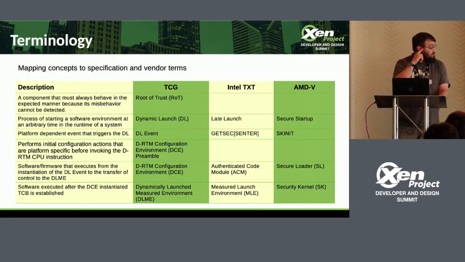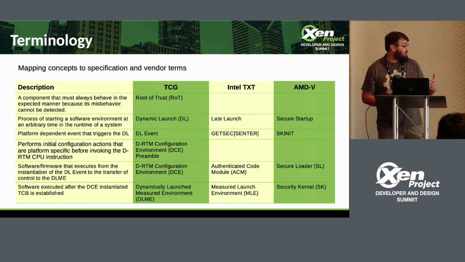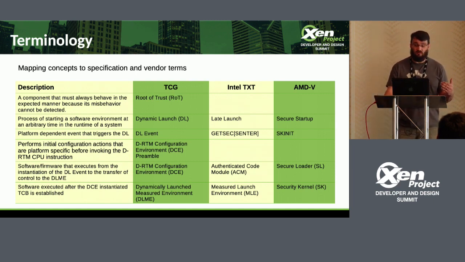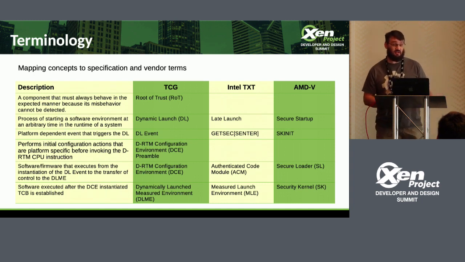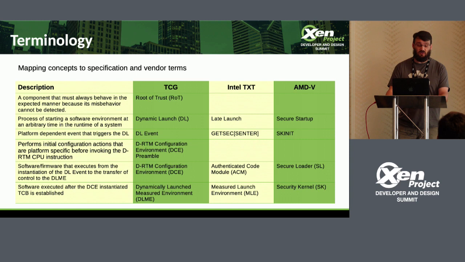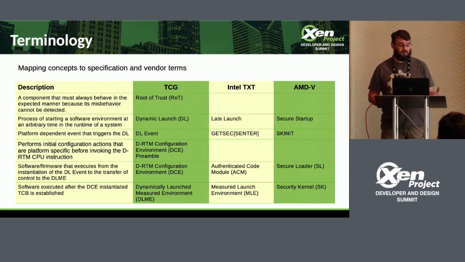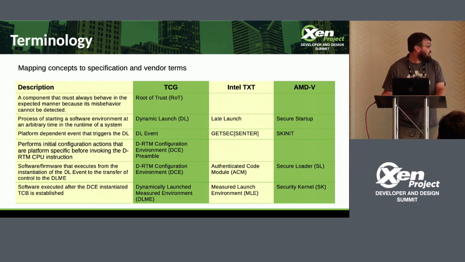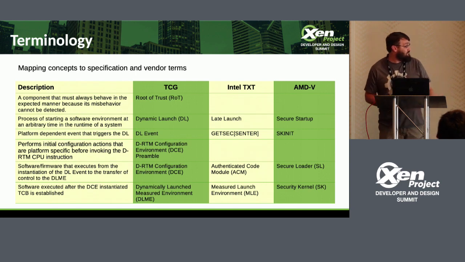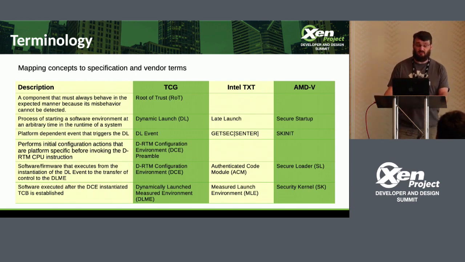So, to get started and have a level playing field, we want to establish some core terminology. When I wrote this slide, ARM's PSA architecture came out with a new firmware framework, so I did not get to incorporate that here, so you can have a level terminology across the ARM domain. I'm not going to hit all these. The key things to consider are what a dynamic launch is, and the event that's being triggered. When I talk about the DL event, that means the specific CPU instruction that starts all of this.